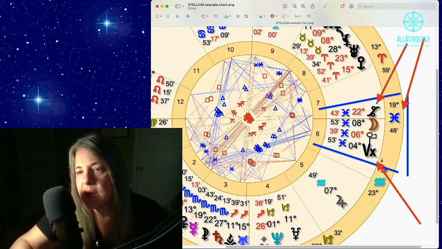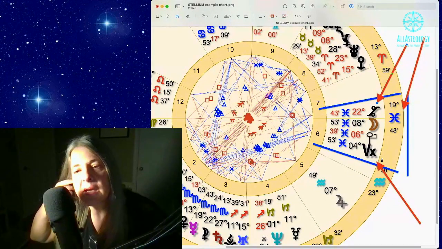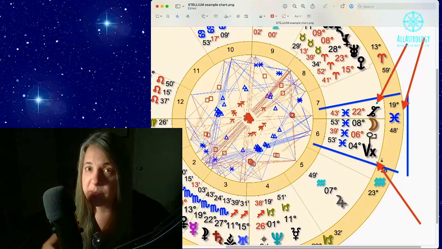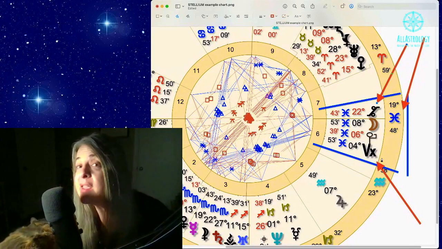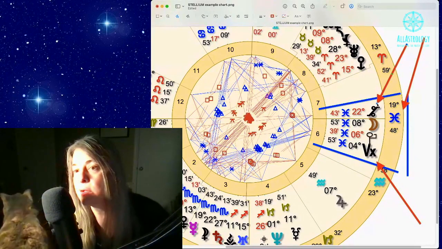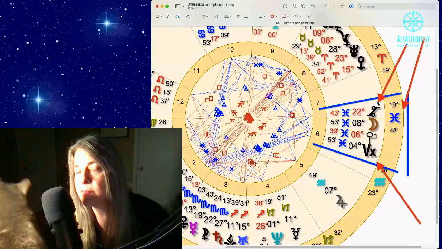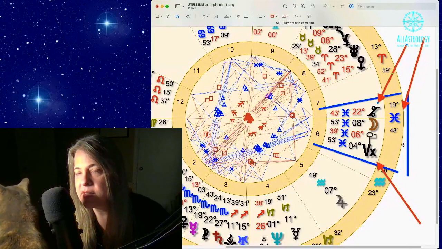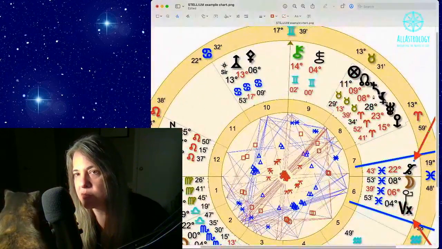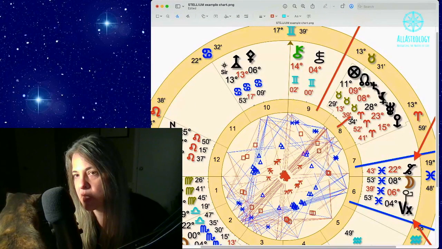All right. So Vertex in this chart is the lead, the first responder, and Estrella, that's Estrella there, is the closer. And it's about the Piscean themes. Now let's go look. Yeah, this person has a lot of stuff. They've got a Taurus stellium as well.